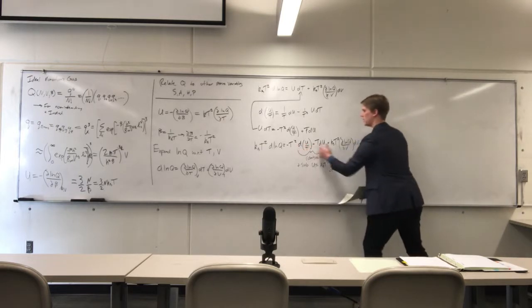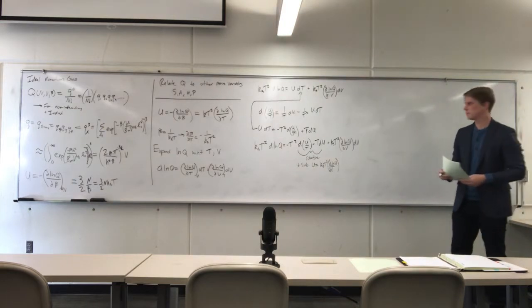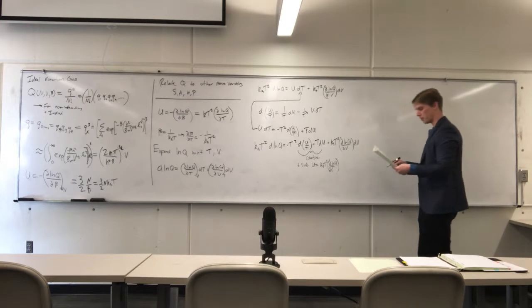So we're going to combine these two terms together. Basically take all the differential stuff and put it together, and substitute in our internal energy from the partition function expression.